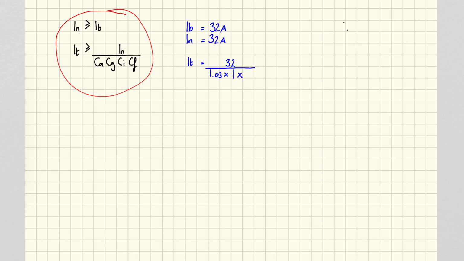The CI, again, we're going to use clip direct, so 1. There's no 3036, it's a normal RCBO or something along those lines, so that will also be a 1 there.